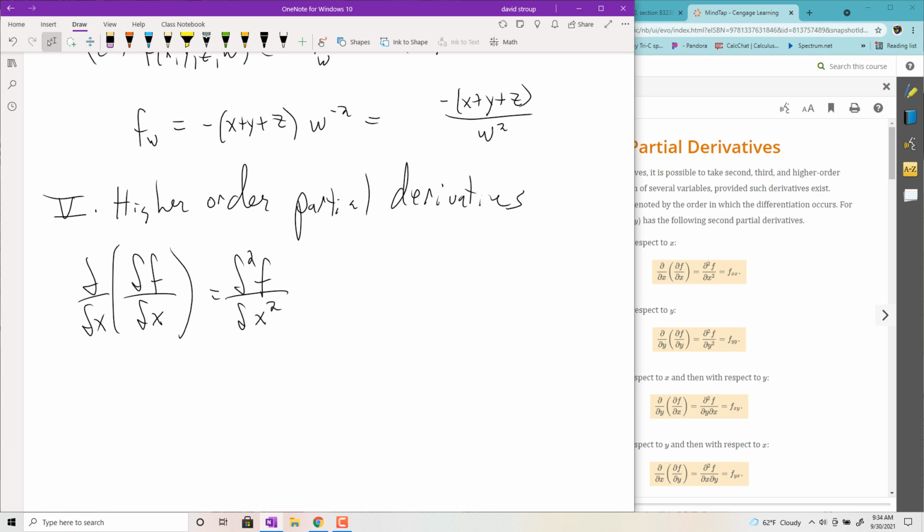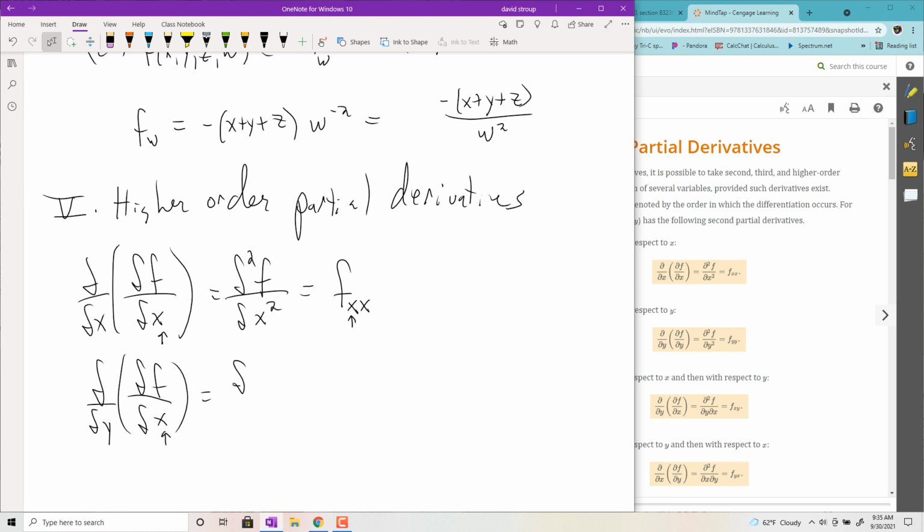Okay. And then another way you can write that is f_xx. So I did x first, and then I did x again. So the inner one is the one you do first, and when you use this notation, the rightmost is the one you do first. So if you did first the partial derivative with respect to x, and then took the partial derivative of that with respect to y, the one to the right is the one you did first.